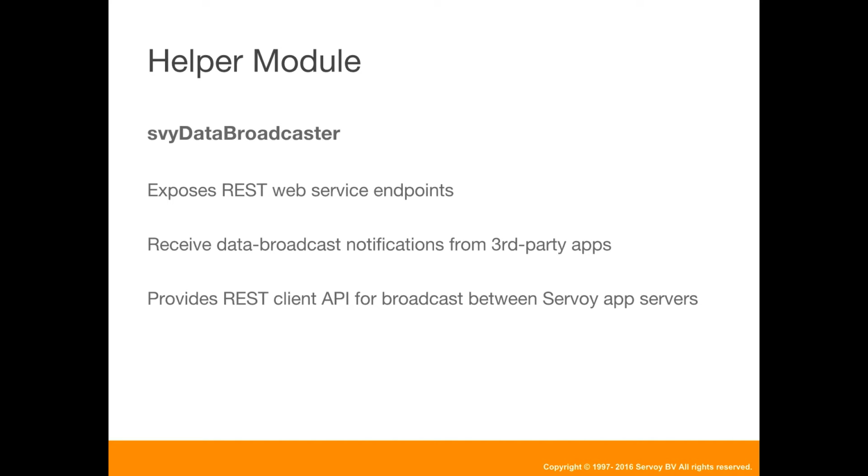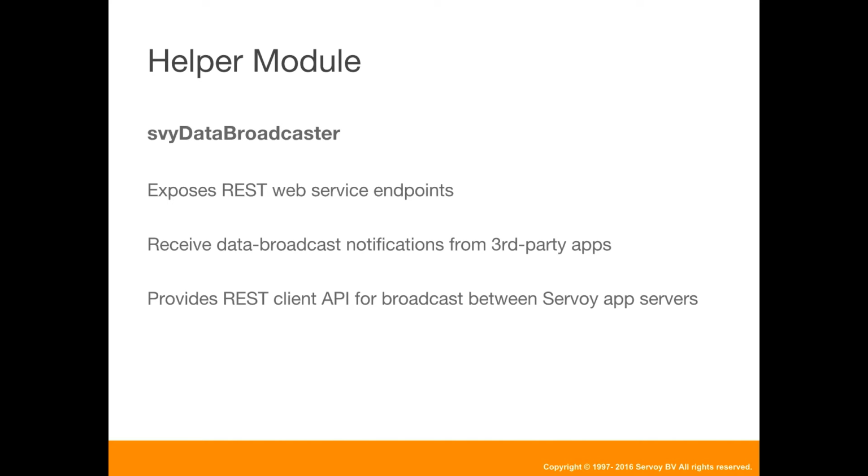So if you can trap that event in the third-party application, then you can tell the Servoy app server via a simple REST call of the data change. It also provides a client API for initiating the broadcast because in some circumstances we see that there could be 2 Servoy app servers that need to broadcast that are not running in a cluster or anything.